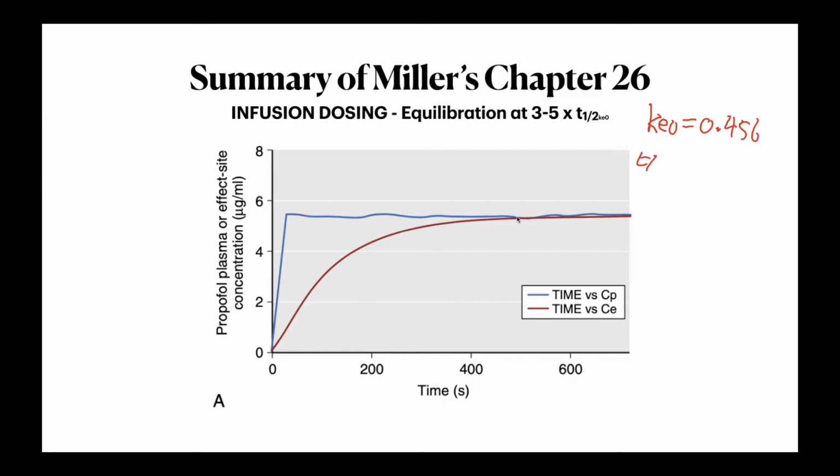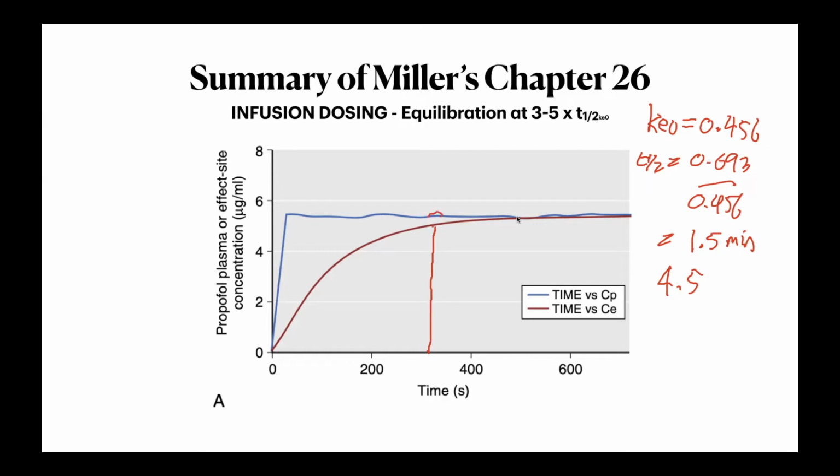And if we know that T half KE0 equals 0.693 divided by 0.456, that will equal, just using my calculator, about 1.5 minutes, which means that to reach equilibration, times 3, is about 4.5 minutes, which is approximately 300 seconds. Okay, so that's about right.